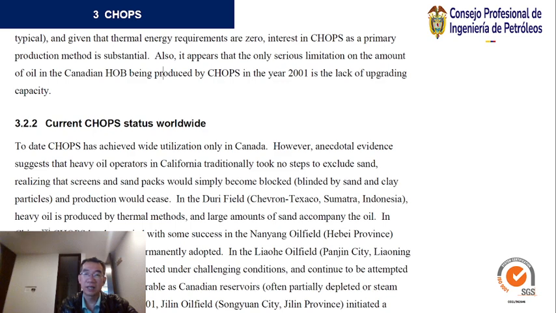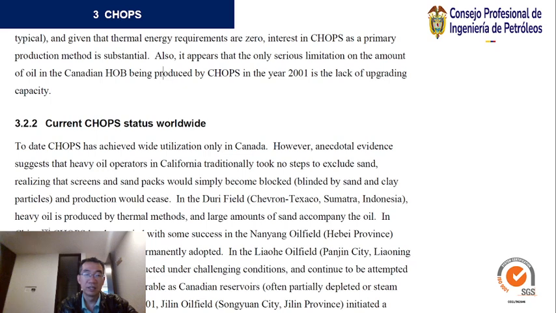However, anecdotal evidence suggests that heavy oil operators in California traditionally took no step to exclude sand, realizing that screen and sand packs would simply become blocked and production would cease. In the Duri field, heavy oil is produced by thermal methods, and large amounts of sand accompany the oil.